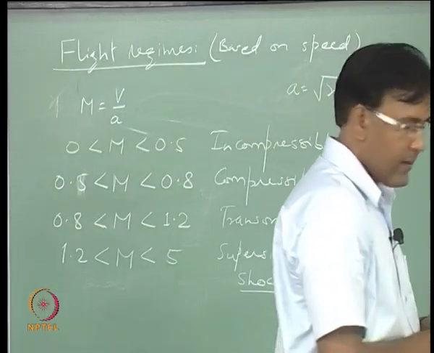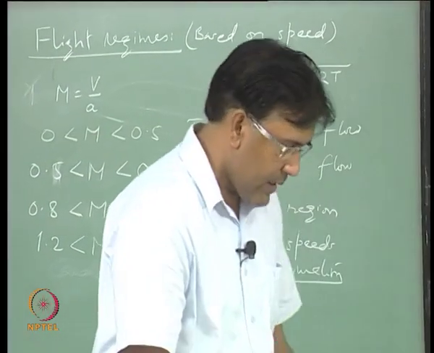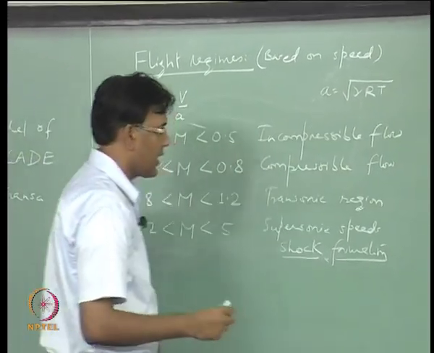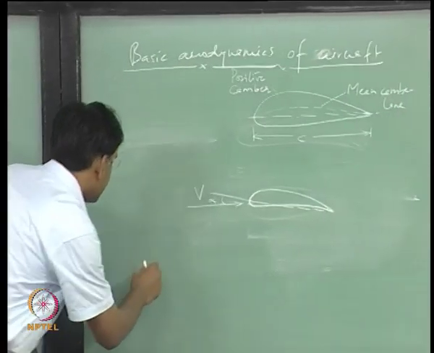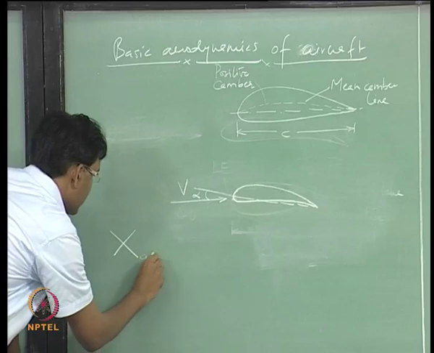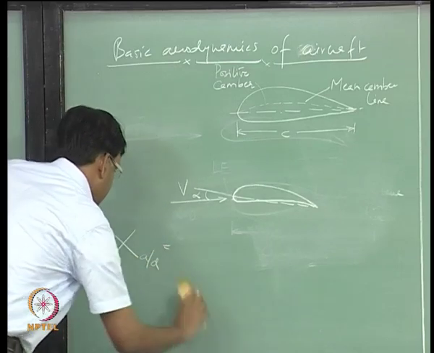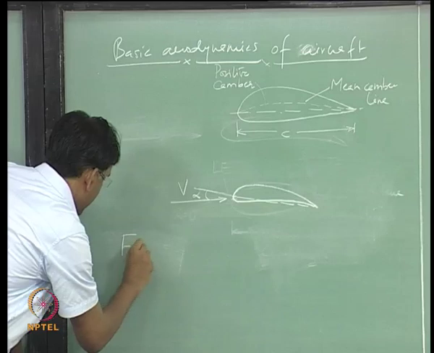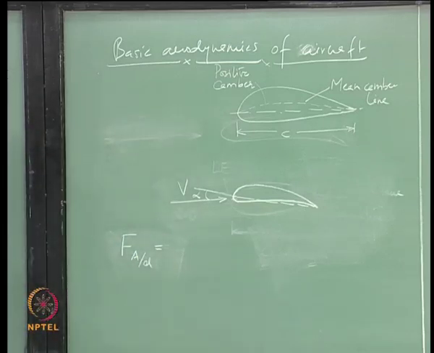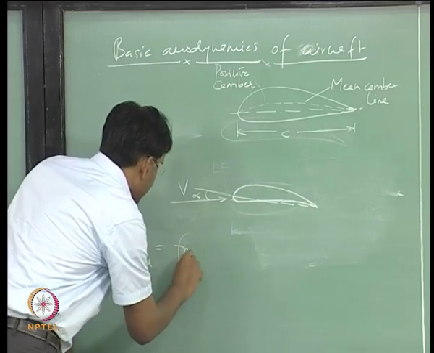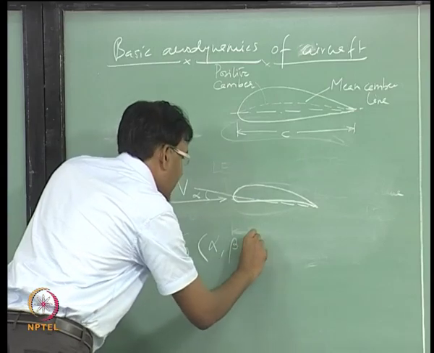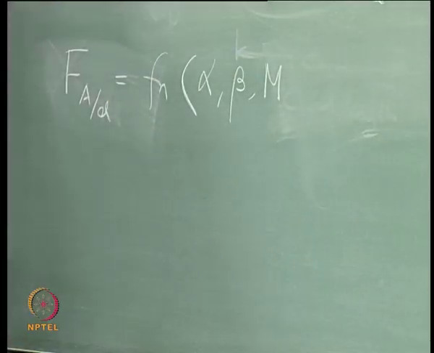All right. Okay. So, that is why we said in the first class that the aerodynamic forces, if I want to just write F for all aerodynamic forces, it is going to be a function of angle of attack, side slip angle, and the Mach number.